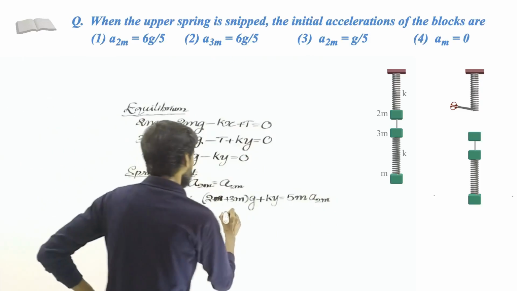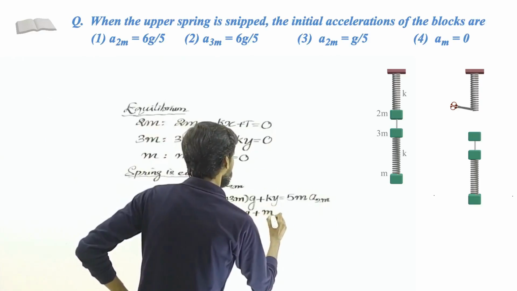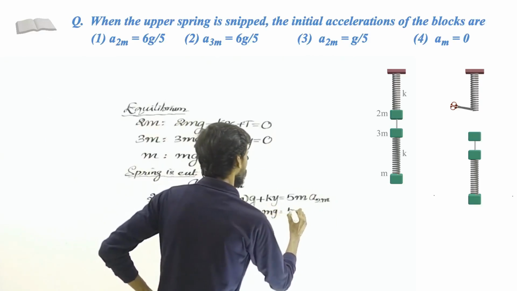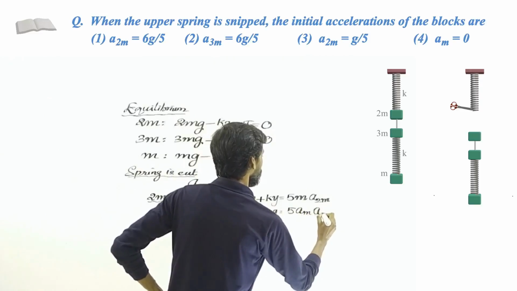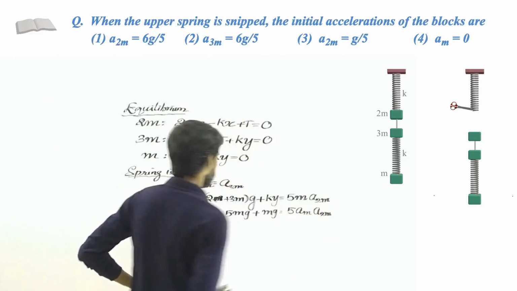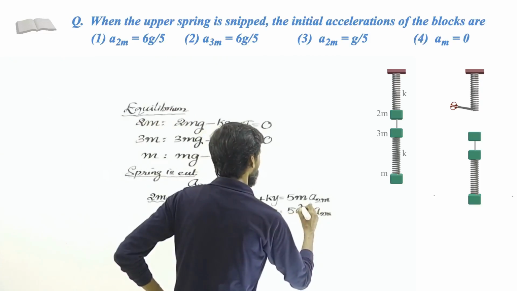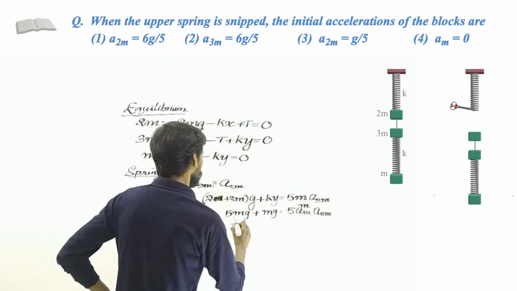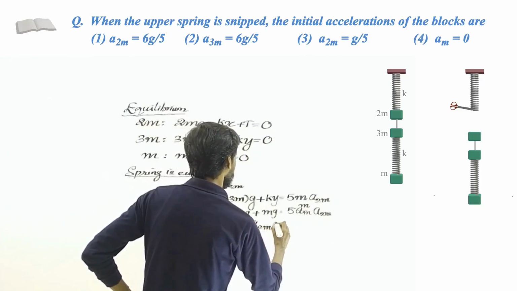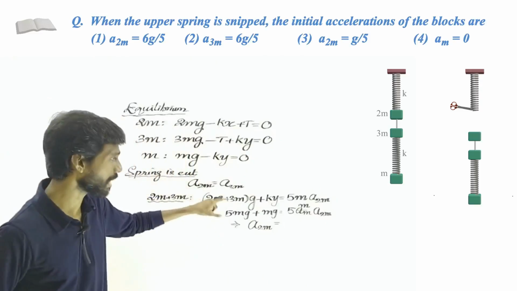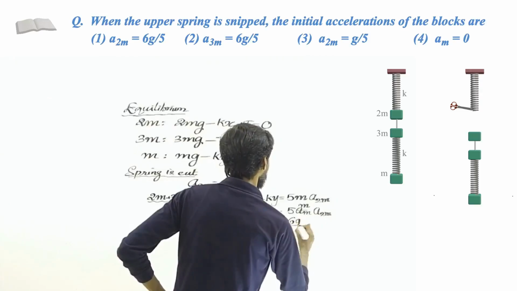So 5mg plus mg equals 5m multiplied by the acceleration. That will give you our required answer. The acceleration of the 2m block equals (5mg plus mg) divided by 5m, 6mg divided by 5m, so that is 6g divided by 5.